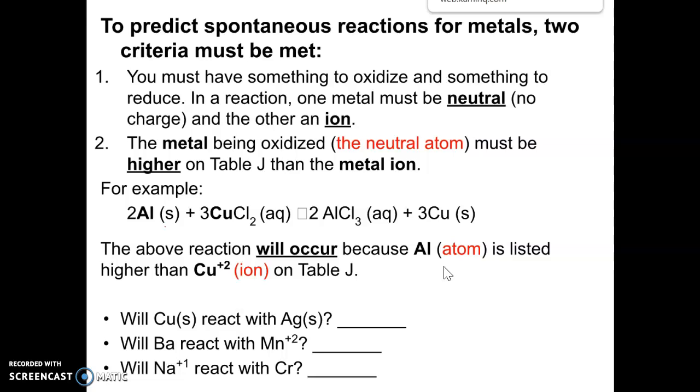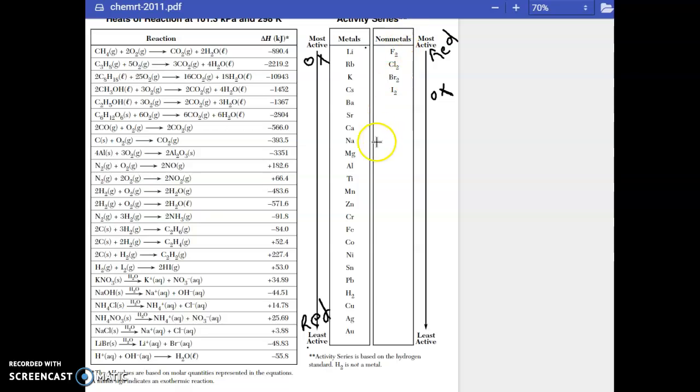So this is just like the game we were playing: if you are solid and you are higher up, then you are going to be oxidized and lose your electrons, as long as you are reacting with something that is an ion and lower down than you.